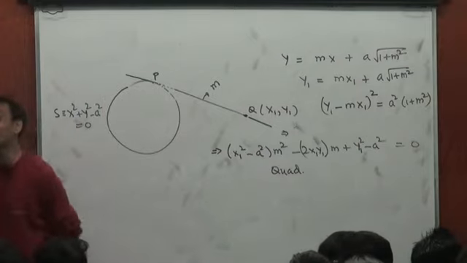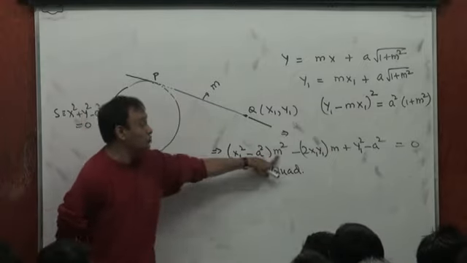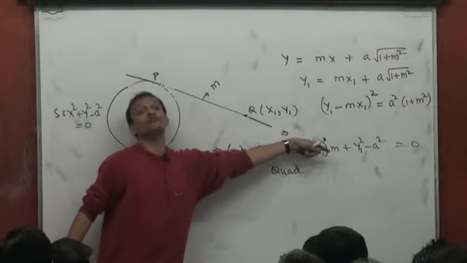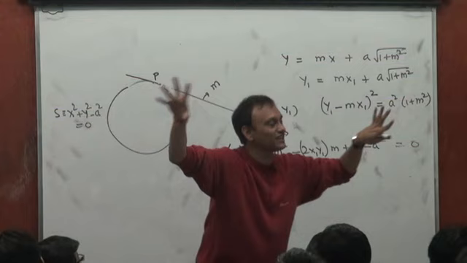So let me see, when would these tangents from x1, y1 turn out to be real and distinct? They would be real and distinct if the two values of m obtained are real and distinct. When would the roots of a quadratic be real and distinct? When the discriminant is greater than 0, right?